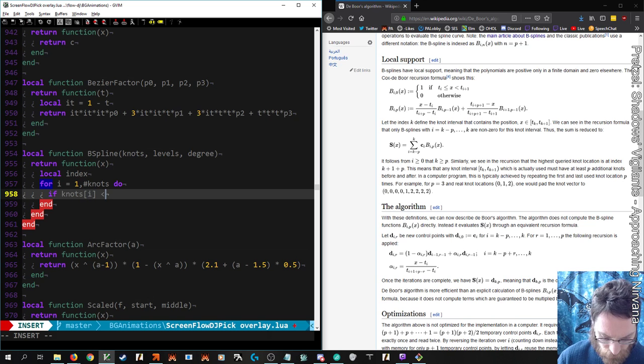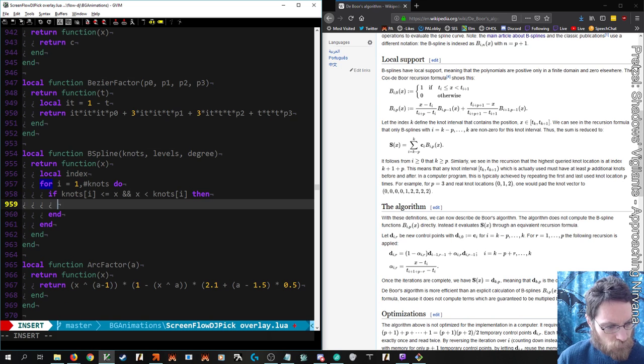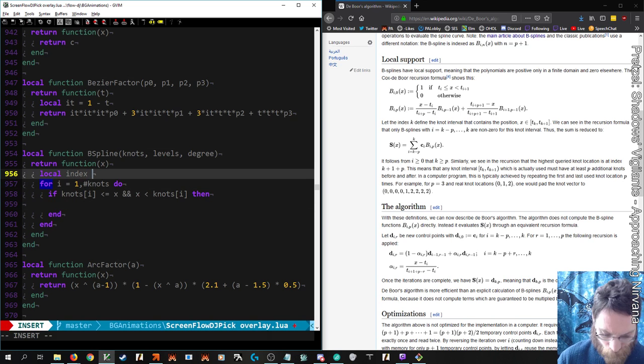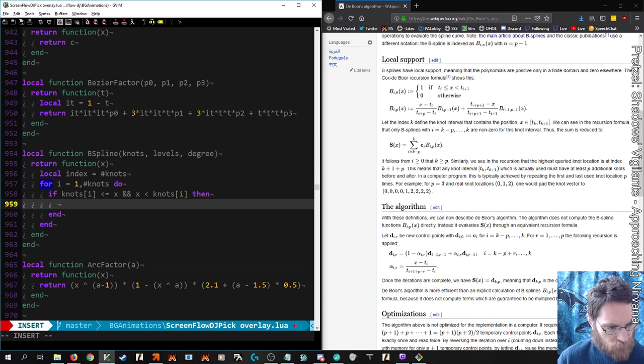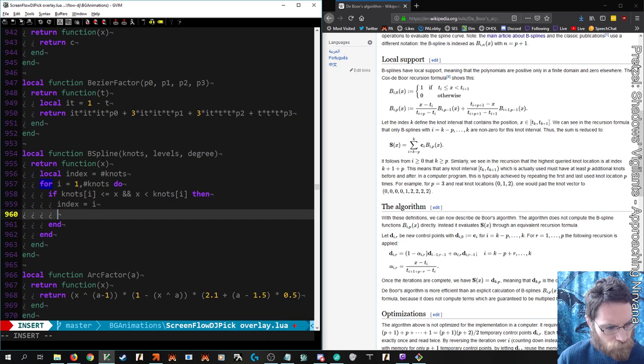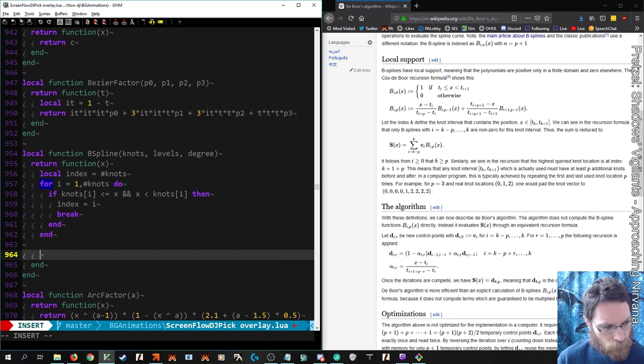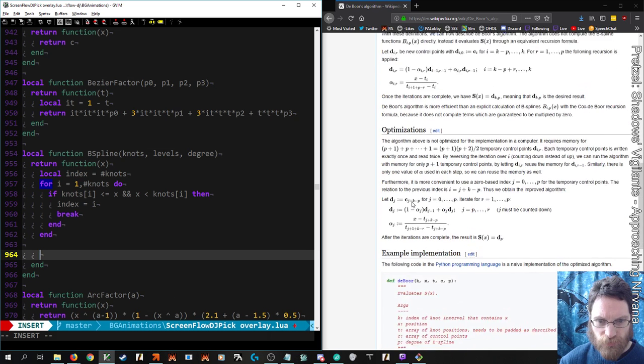If knot sub I, and then if we got to the end, we'd have to assume the end, I guess, or assume something. So that gives us an index within there.